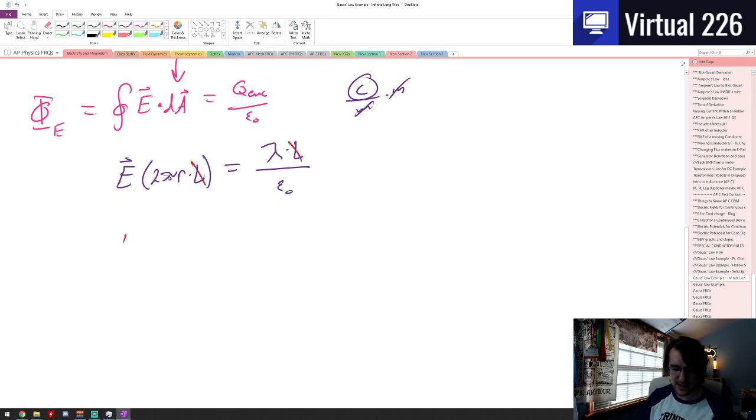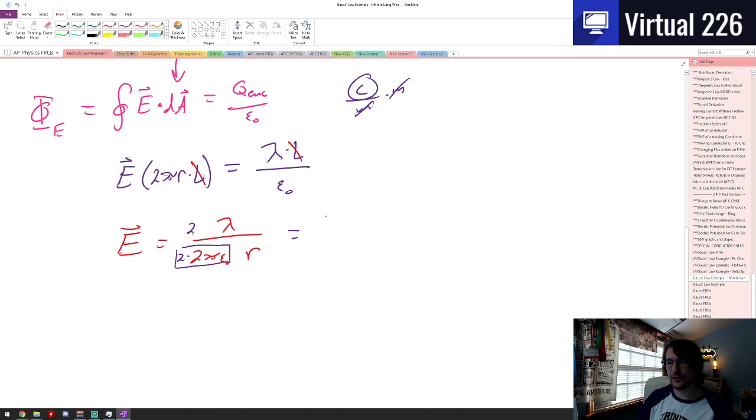And what we see in the end is that our electric field is going to equal lambda over 2 pi epsilon naught r, which, if we wanted to, we could actually write in a different way. If I multiply by 1 by saying 2 over 2 here, then I'll get my 4 pi epsilon naught in the denominator, so I could just write that as k.